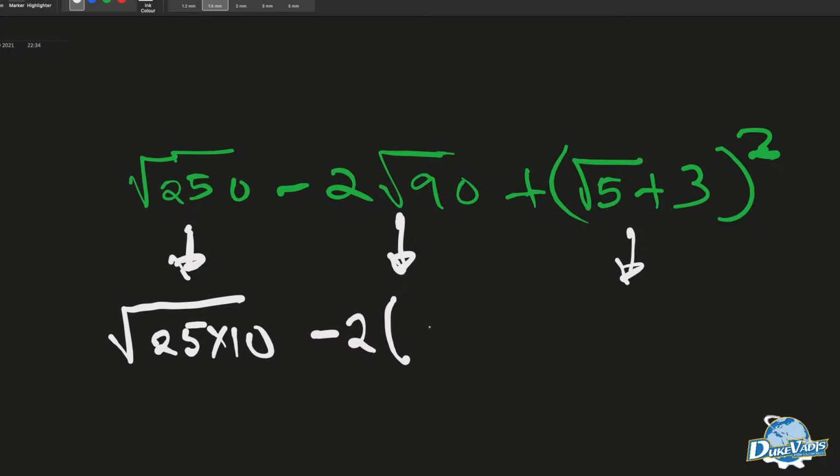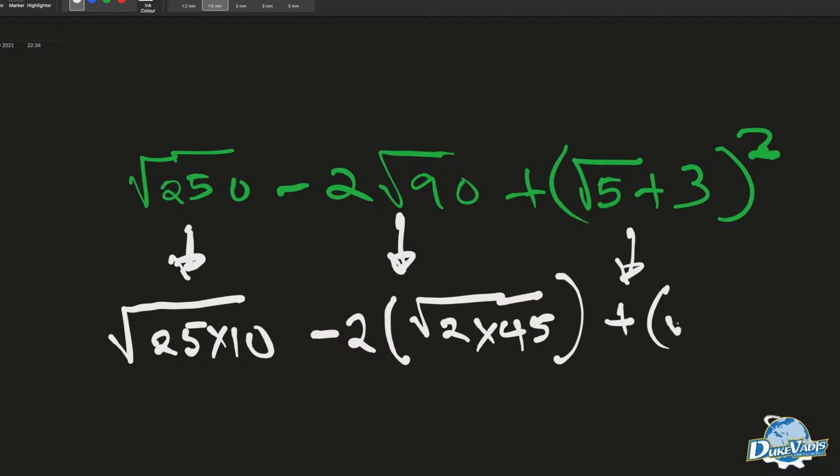Surd of 90 will be surd of 2 multiplying 45. Then we take our time and work it step by step. So this one is surd 5 plus 3 squared. We haven't done anything about it. So it's looking nice. Let's look at the next step.